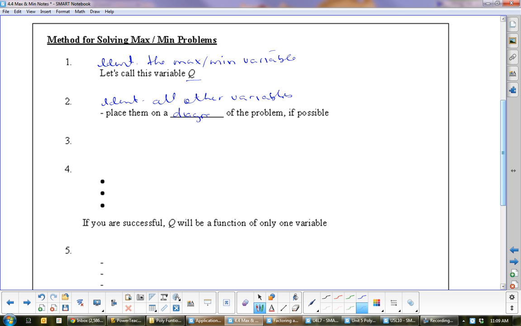Good old diagram again. 3, find the equation describing the max min variable Q.